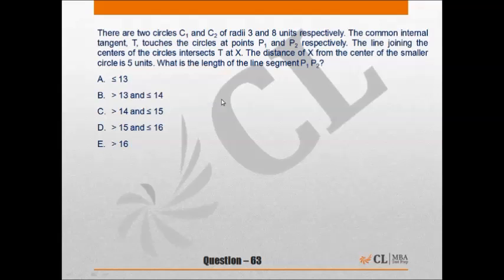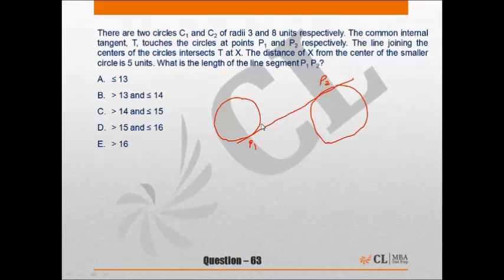In this problem we have two circles C1 and C2 with radii 3 units and 8 units respectively. The common internal tangent T touches the circles at points P1 and P2 respectively, which means tangent T touches C1 at P1 and C2 at P2.